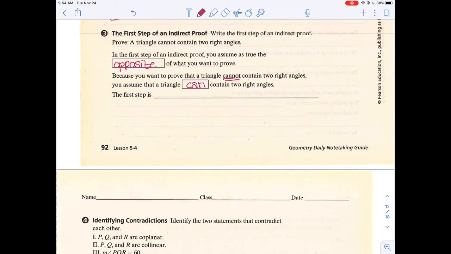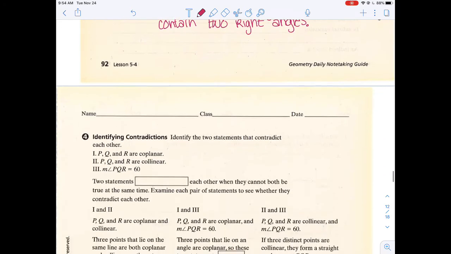So the first step is to assume a triangle can contain two right angles. We're only working on the first step, so that's it. That's all we had to do.